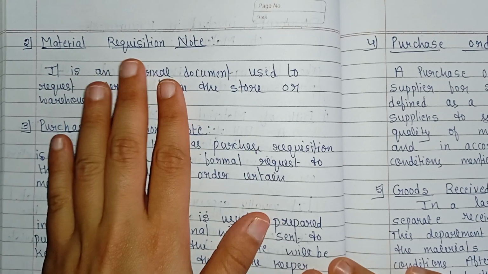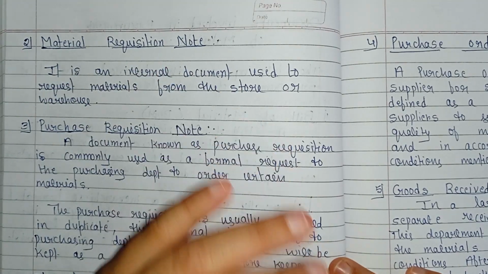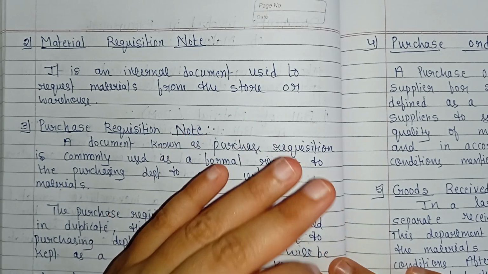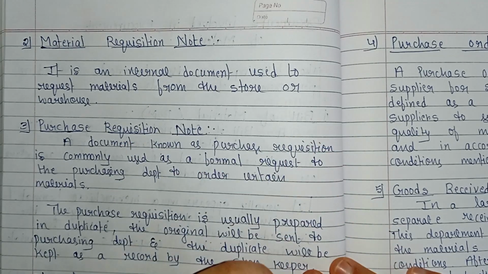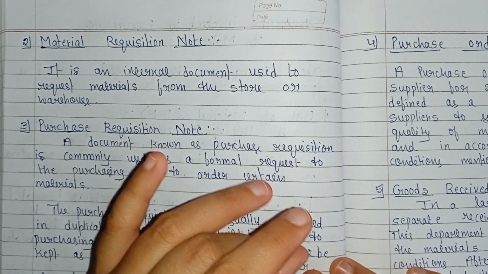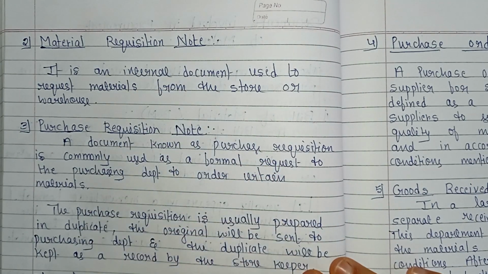So this material requisition note must specify the type, quantity and purpose of the materials required. Here, let's say the production department needs 20 kg of steel rods and 2 liters of welding gas.